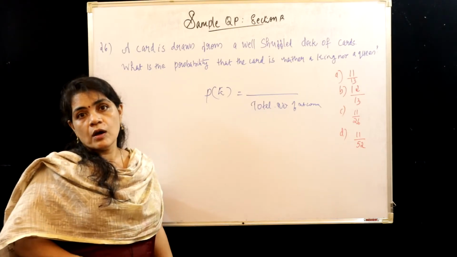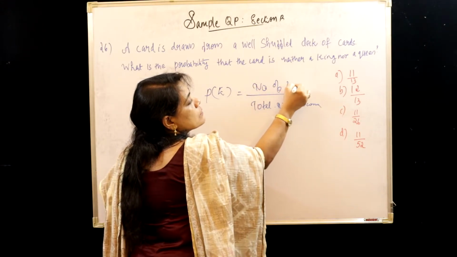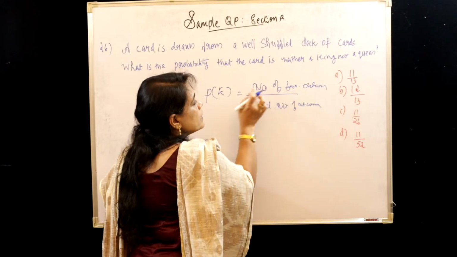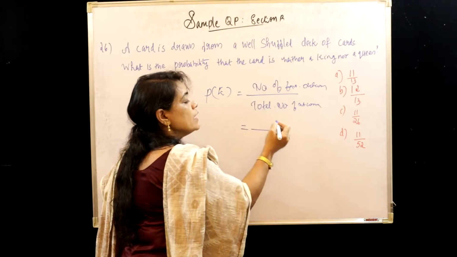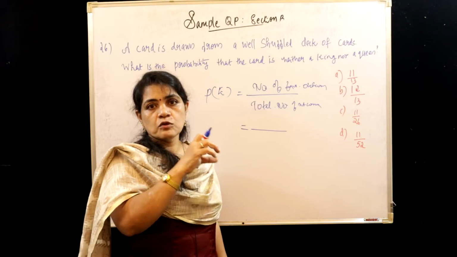The number of favorable outcomes. Favorable outcome means that the outcome should match the event. And for that, as I already told, the number of king and queen cards should be taken out.